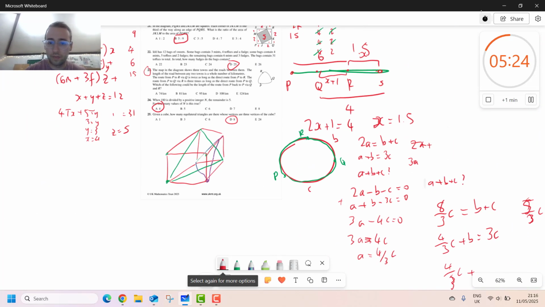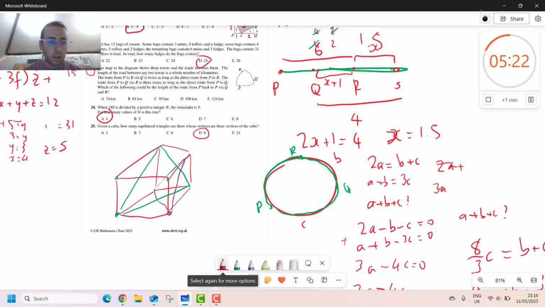Okay, let's look what I did here. P to R via Q, so A plus B plus C is what we're trying to find. P to R, that should be an A. P to R via Q is twice as big as 2A.